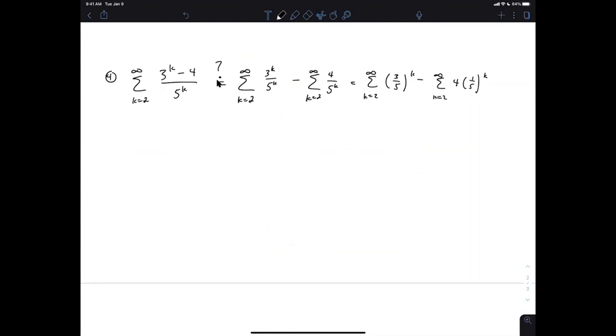I am allowed to do it if they all converge. I am also allowed to do it if exactly one diverges. But if two of them diverge, then we may or may not be allowed to do it. It depends on why they diverge. What about here? Can I split it or not, and why?